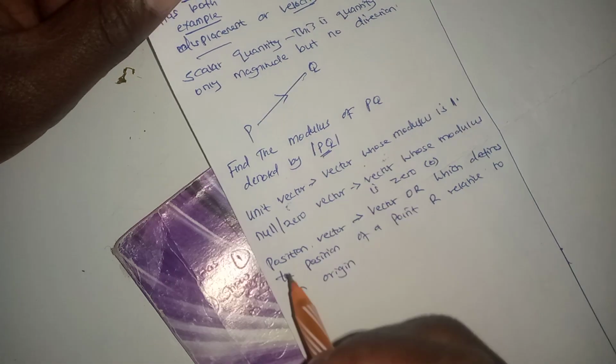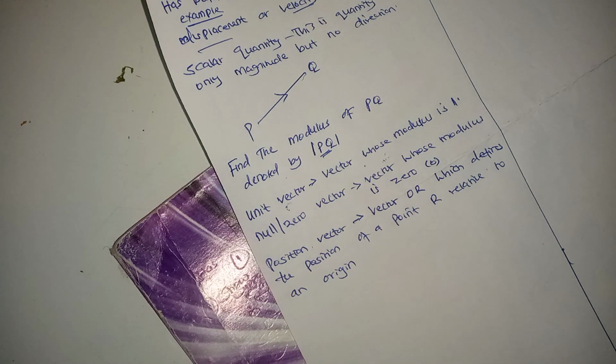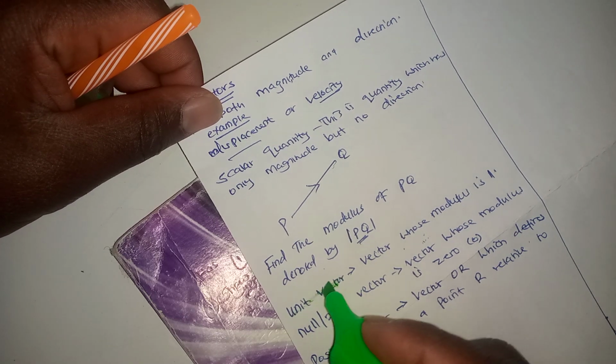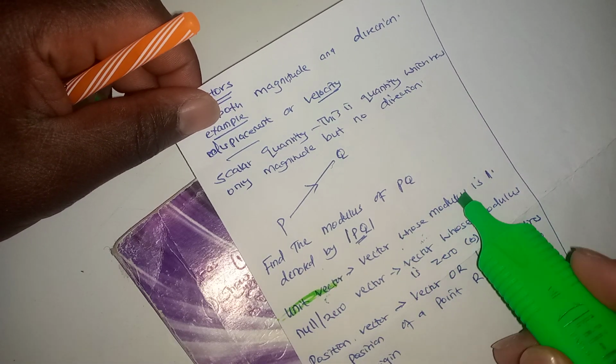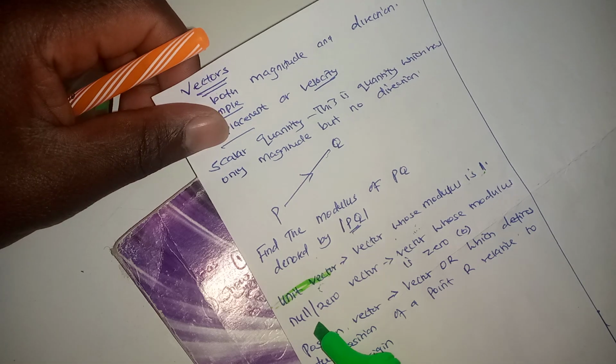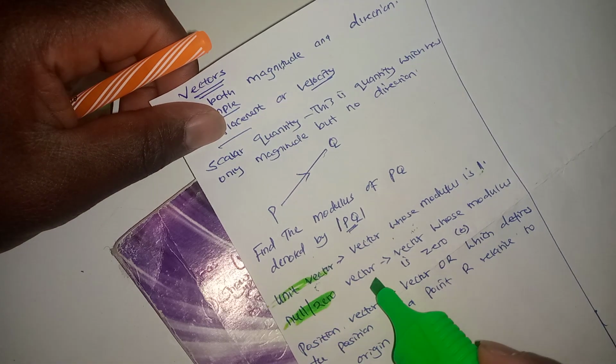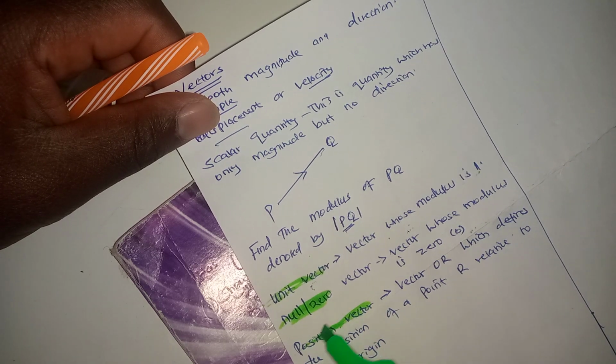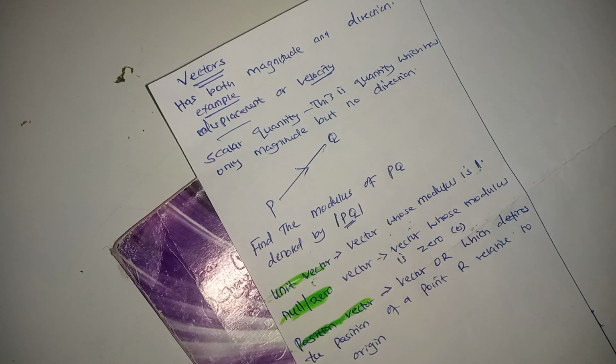That we can call a position vector. Now we have seen that a unit vector is a vector whose modulus is 1, a null vector is a vector whose modulus is 0, and a position vector is a vector which defines the position of a point R relative to the origin.